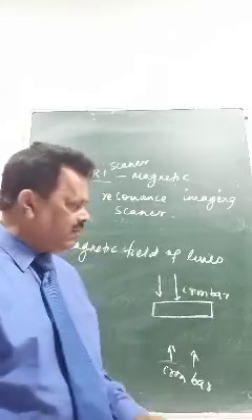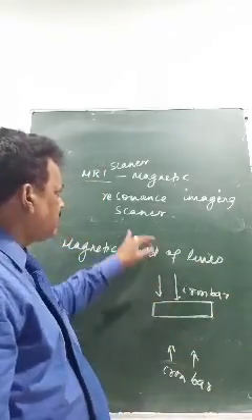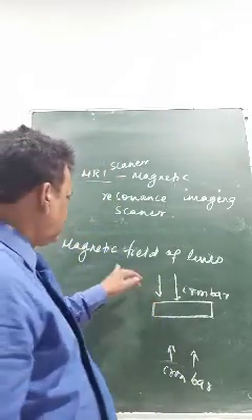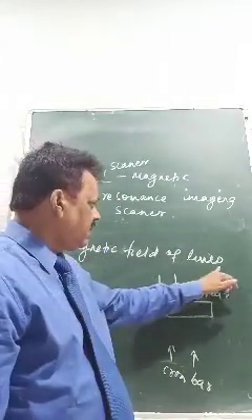That means there is a region where the magnetic strength is felt, and that region is called magnetic field of lines.